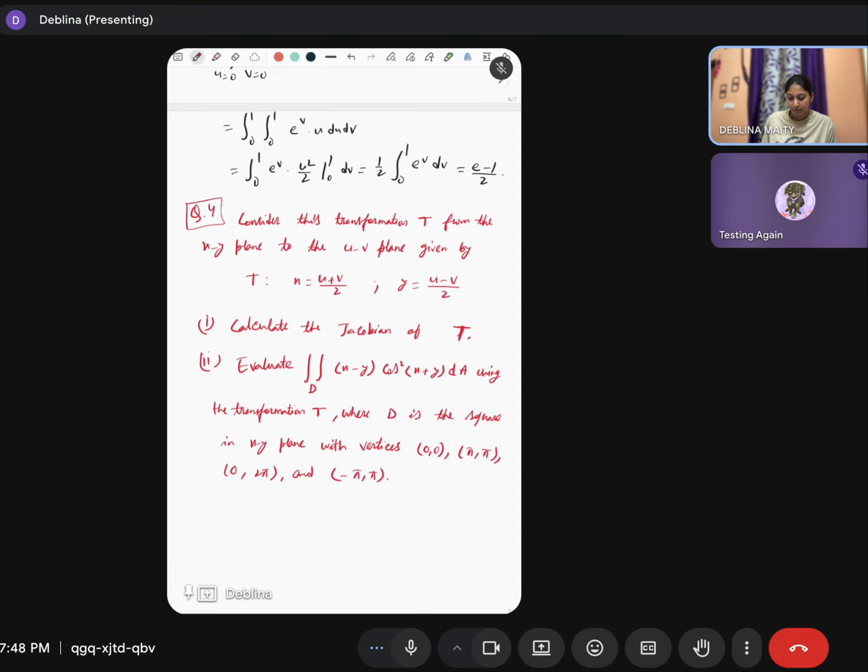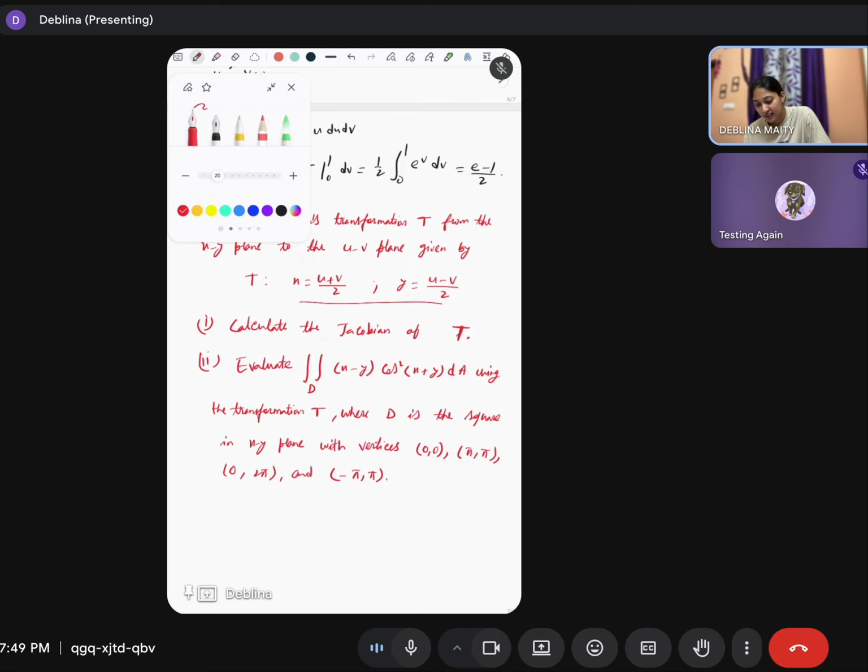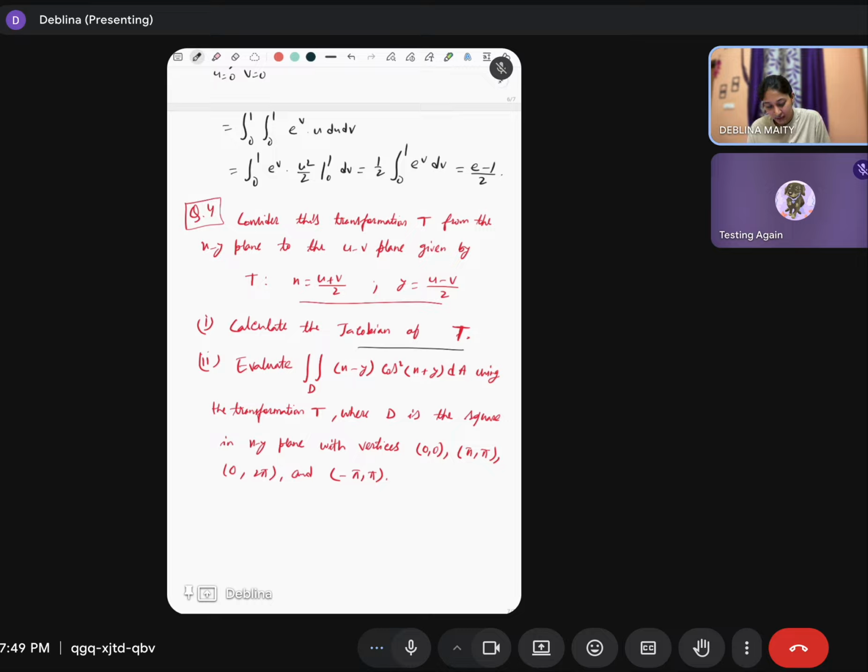So you are given this transformation T, x equals this and y equals this, and you have to first calculate the Jacobian of T and evaluate this integration over this region.